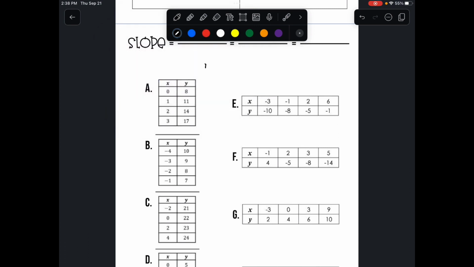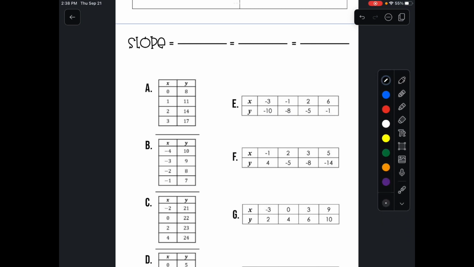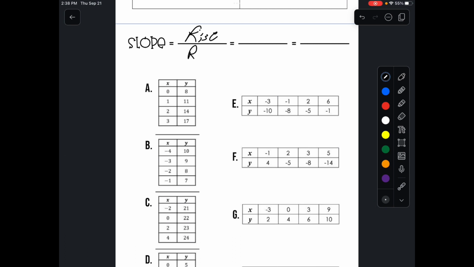So our first blank here, if we can remember that slope, when we are finding that on a graph, which is what we did at the end of Unit 2A, we said slope was rise over run, right? Rise over run, saying how far up are we going and how far over are we going on a graph.